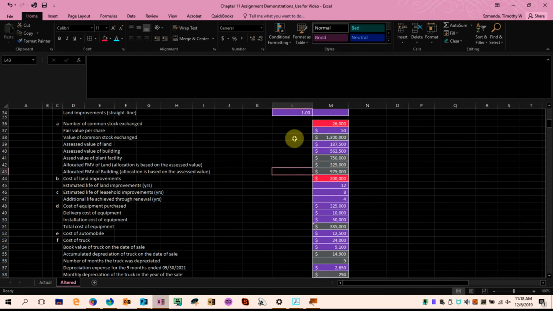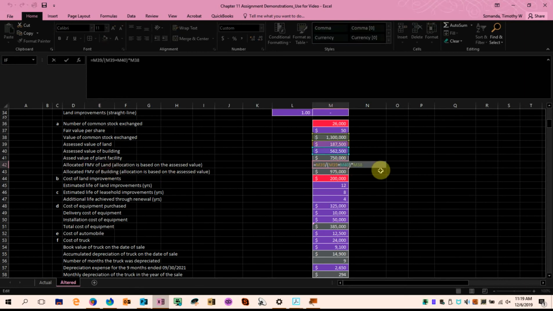So then how do we allocate the 1.3 million altered data between the land and the building? We do so based on assessed valuation. In this case, if we look at the land, I just took the 187.5 assessed value of the land divided by the total assessed value, which is 187.5 plus 562.5.